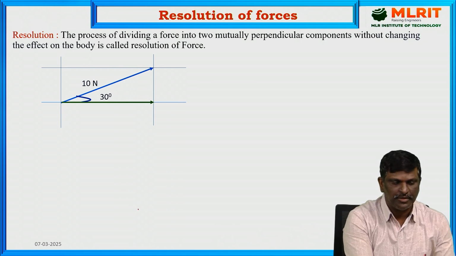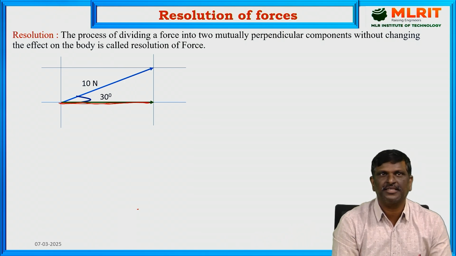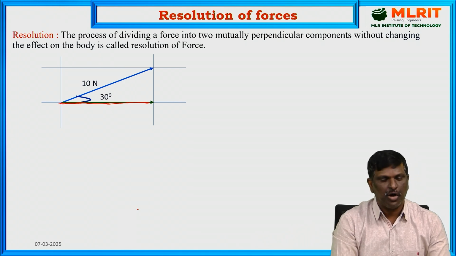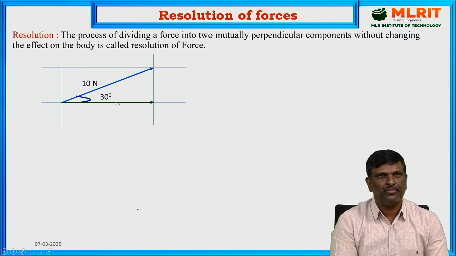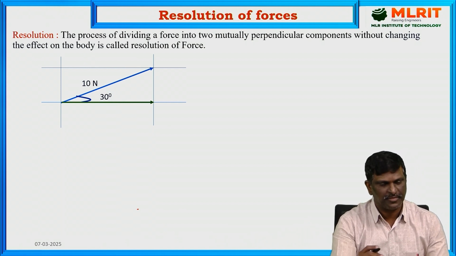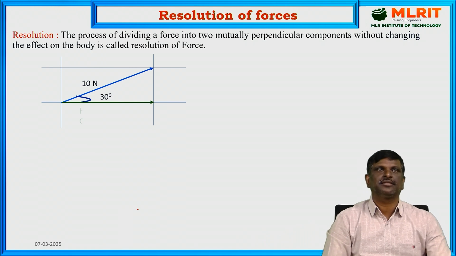Here the horizontal side of the rectangle represents horizontal component and the vertical side of the rectangle represents the vertical component.